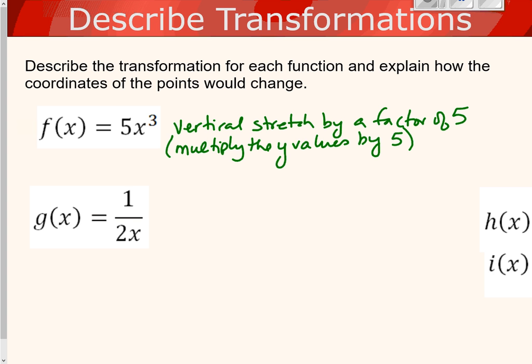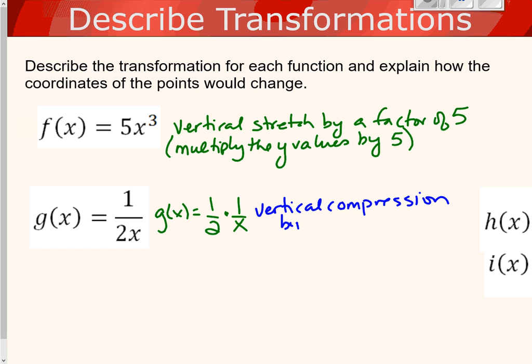Okay, g of x equals 1 over 2x. So that's the same thing as saying g of x is equal to 1 over 2 times 1 over x. And so we're multiplying that whole function 1 over x, that rational function, by 1/2. And so this is going to be a vertical compression by a factor of 1/2.